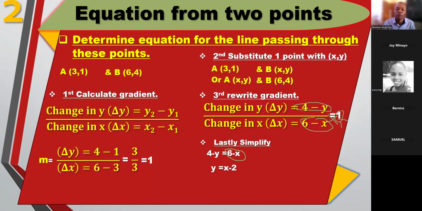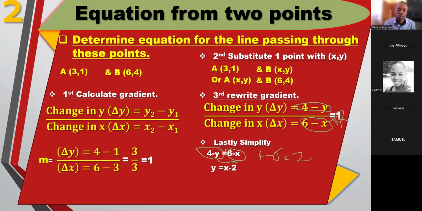So this gives us 4 minus y is equal to 6 minus x. Then to just remain with y on one side, this is what I did. I took y, because it's a negative on that side, I brought it to the right-hand side, giving me a positive y. And then this 6, bringing it to the other side. So I'm going to have 4 minus 6, because it's a plus, and we are shifting it to the equation side. This is going to give us what?